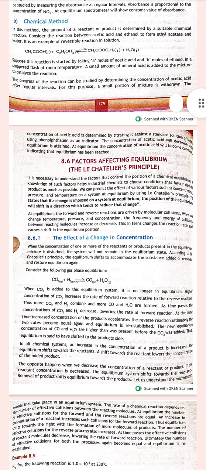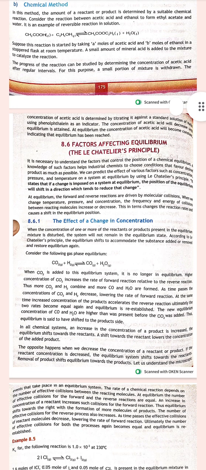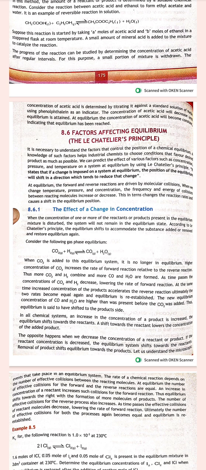So in this reaction, we have to take A moles of acetic acid and B moles of ethanol, and a small amount of mineral acid is also added as a catalyst. So in order to determine the concentration, we have to take a small portion of the mixture and use the titration technique using the indicator phenolphthalein.